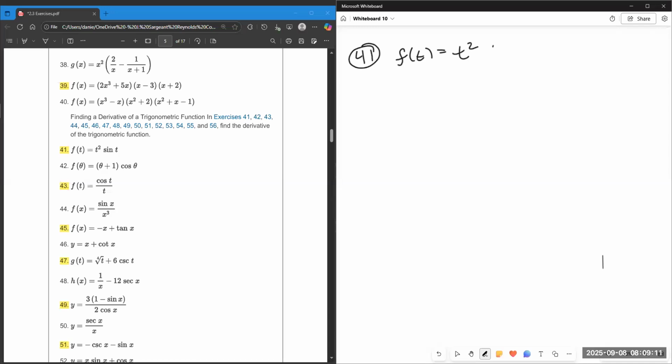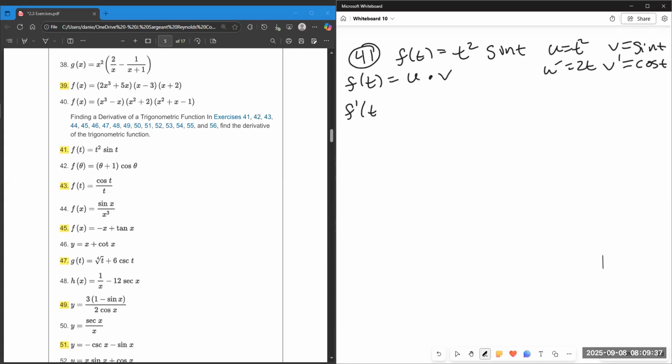So t squared sine of t is going to be u is t squared, v is sine of t, u prime is 2t, and v prime is cosine of t. F of t is u times v.